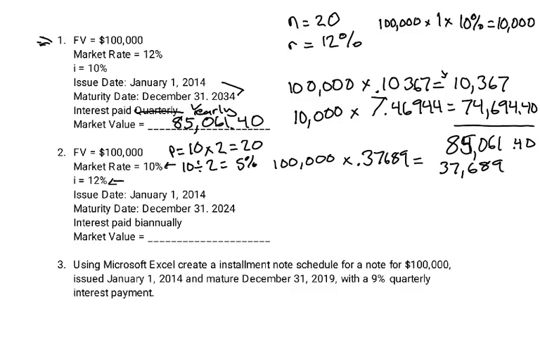Now for the payments. The interest payments are at 12%. However, because they are biannually, each payment is $6,000.